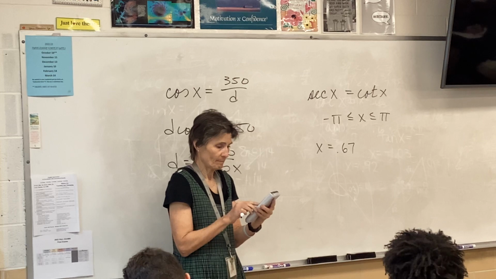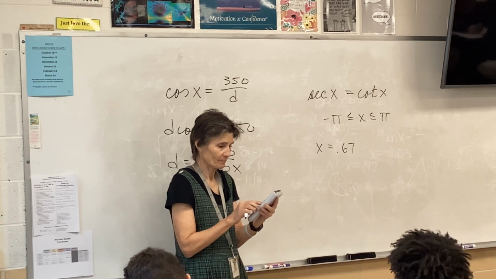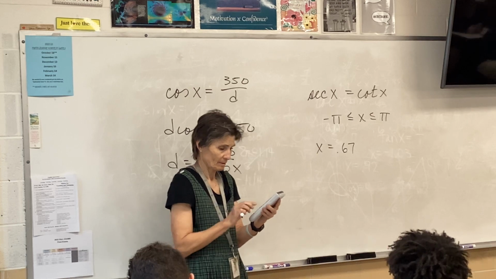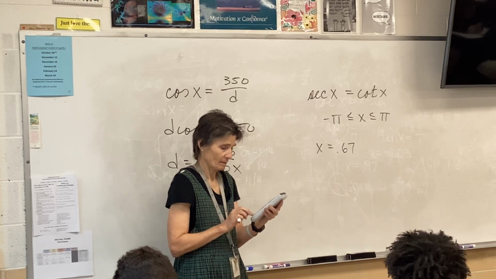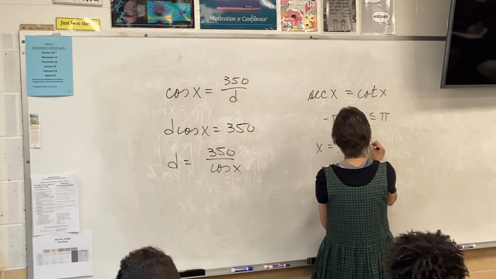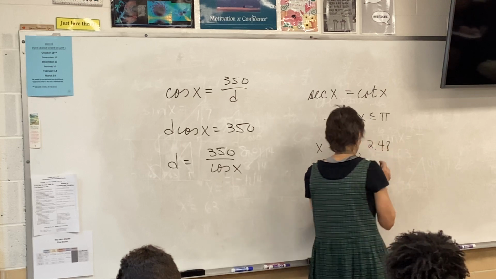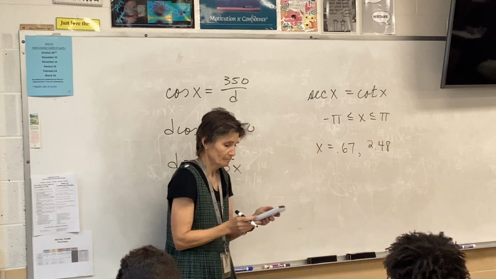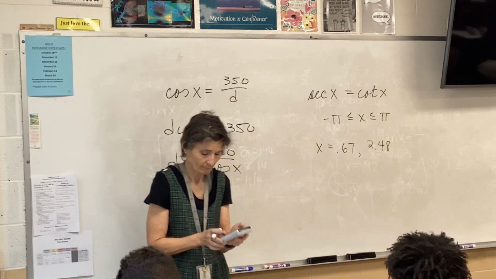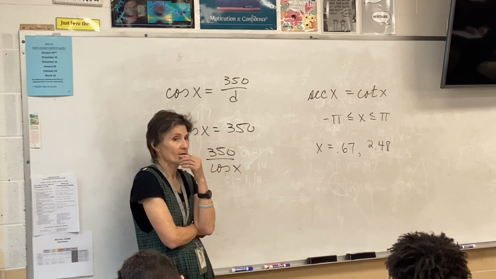I got 2.48. How do you do the intersect? Second trace. How do I go into that intersection? Anybody else get those?